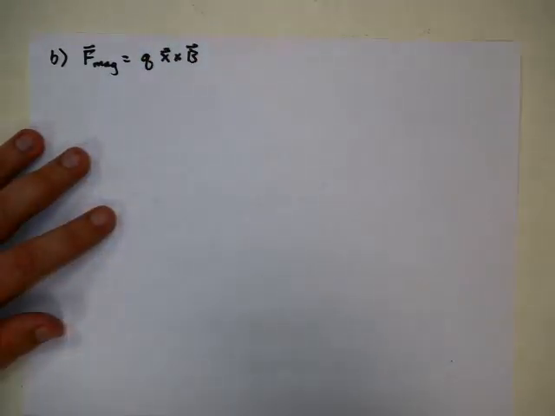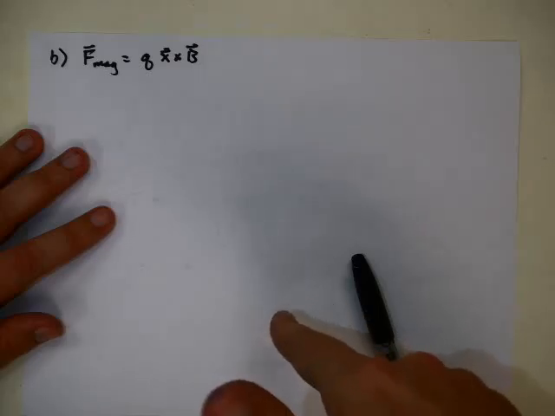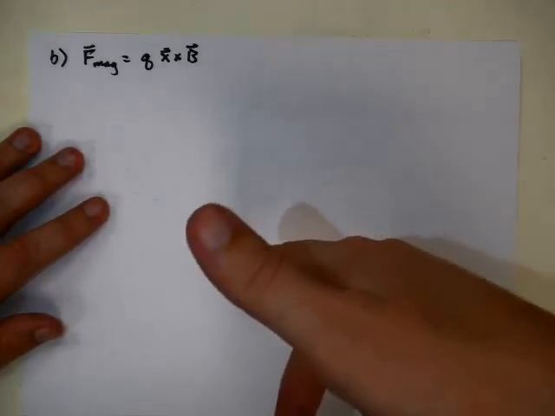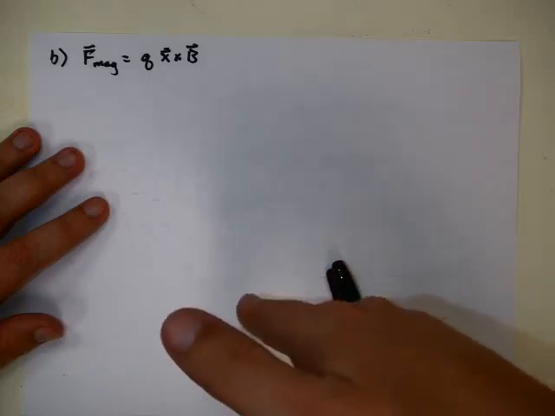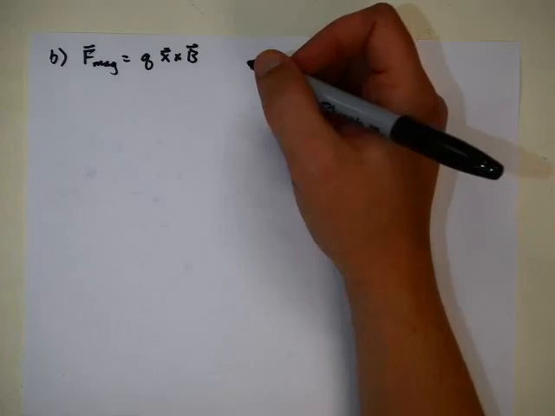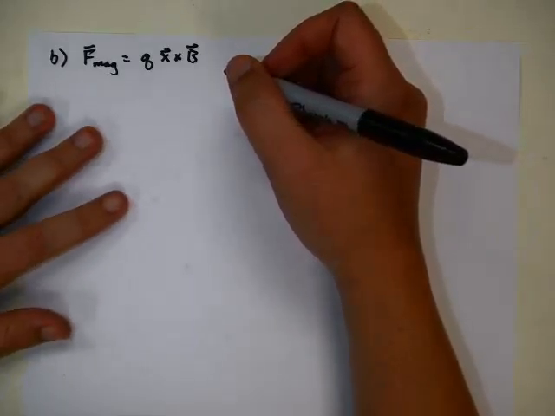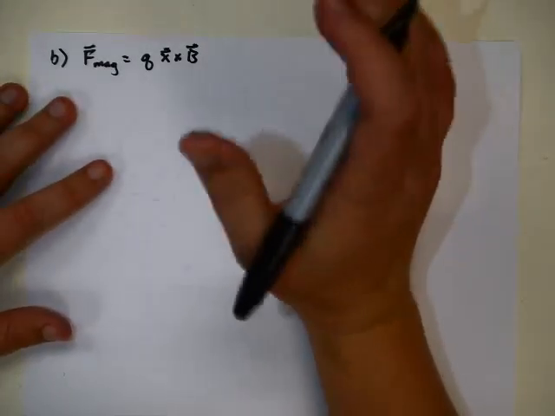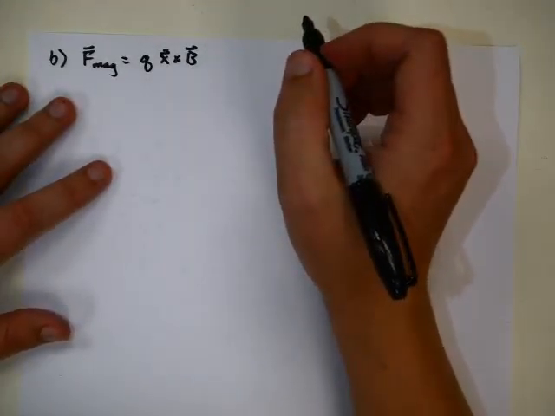And so I can carry this out. If I do z hat, the B field we've already determined is going to point in the x hat direction, and so the force will point in the y hat direction, or in the minus y hat direction in this case, but yeah, the minus y hat direction, that'll work.